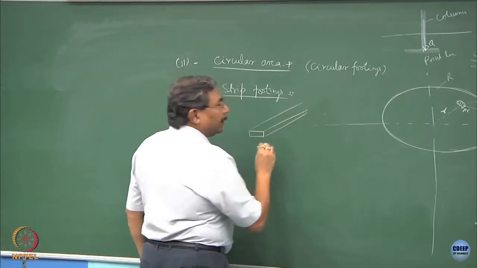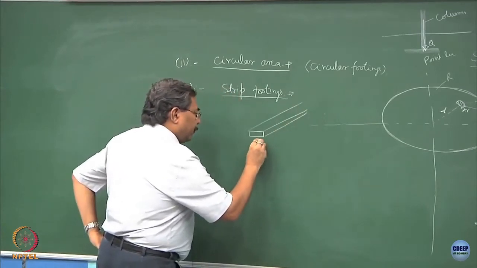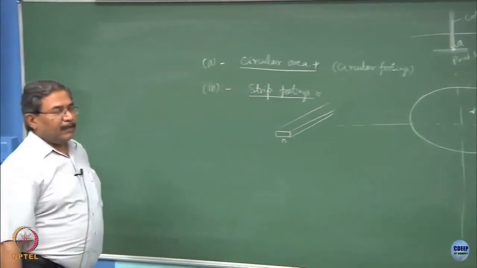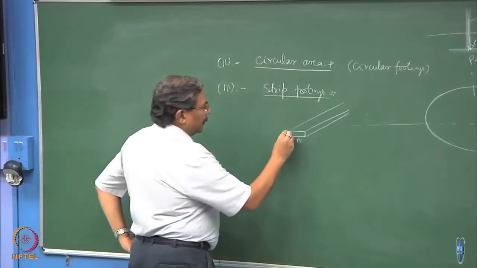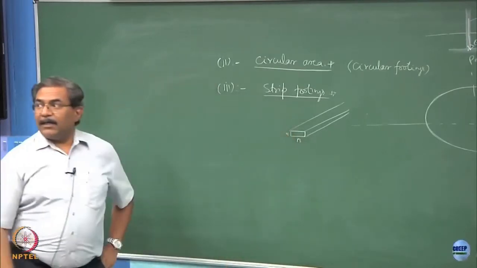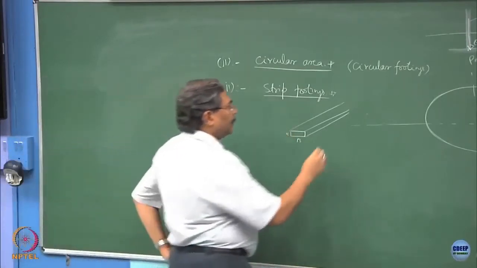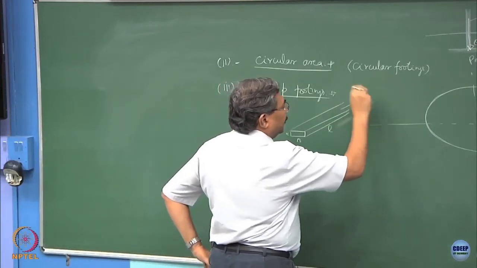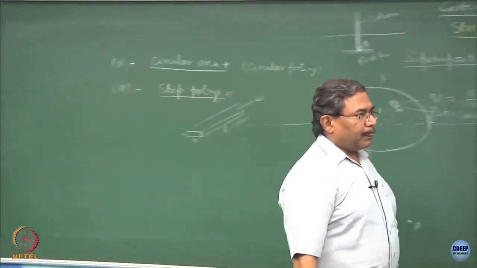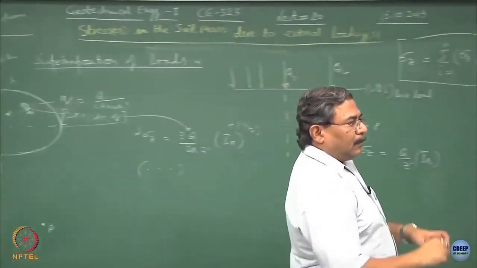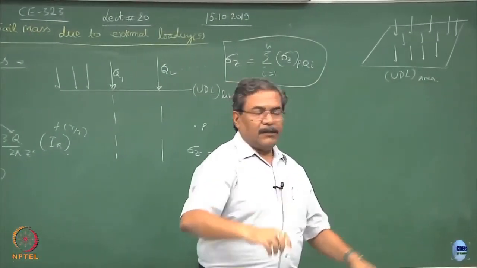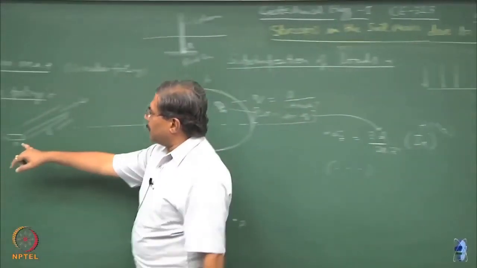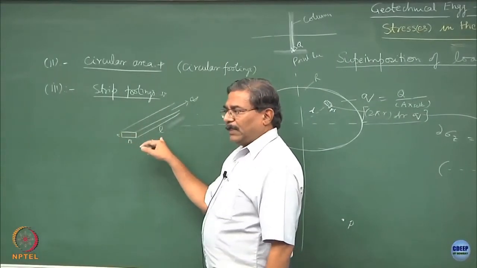When we say infinity, when the width of the foundation B and thickness of the foundation is much smaller than the length of the foundation, clear? This becomes a strip footing, one dimensional footings, because their width and thicknesses are very small as compared to the length.